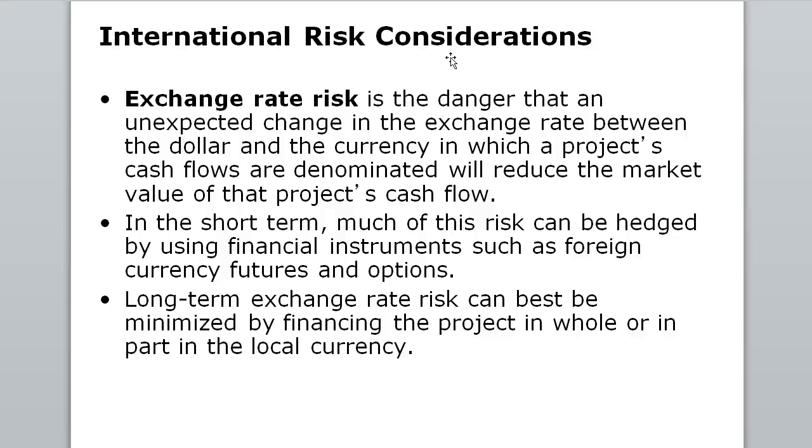So short term, these foreign exchange risks can be hedged using foreign currency futures and option contracts. And long term, foreign exchange risk can be minimized by financing projects in the part of the world where they're actually going to be generating revenues and incomes, so that the currencies spent can be offset with the currencies generated.